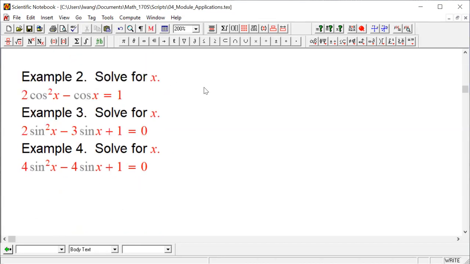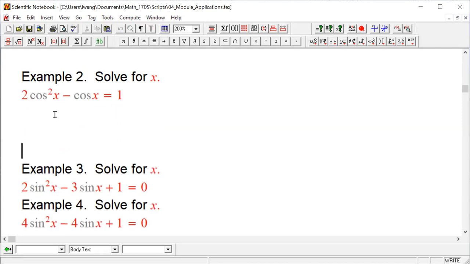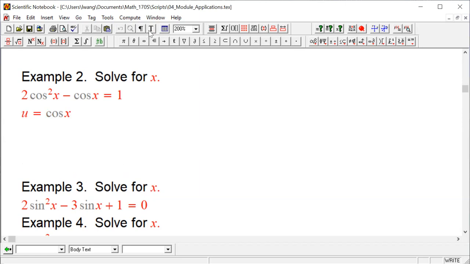The second example we have here is a similar equation, but if we still introduce u equals cosine x, we will end up with 2 times u squared minus u minus 1 equals 0.